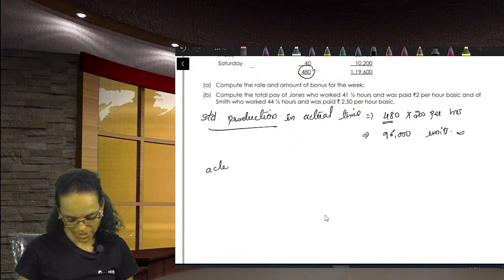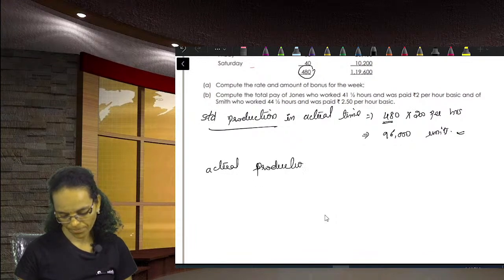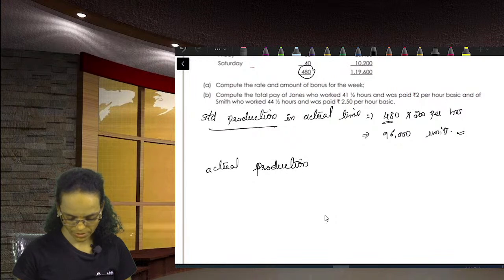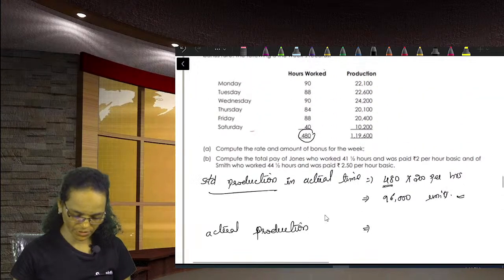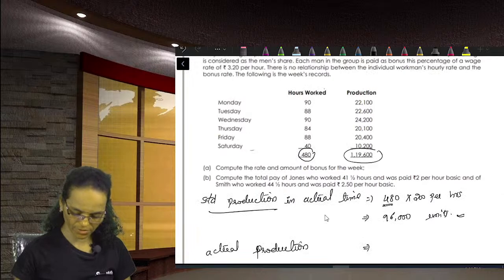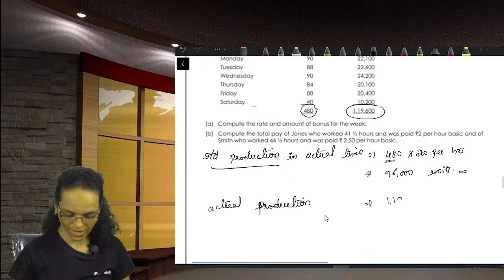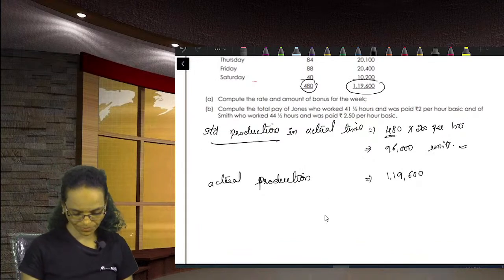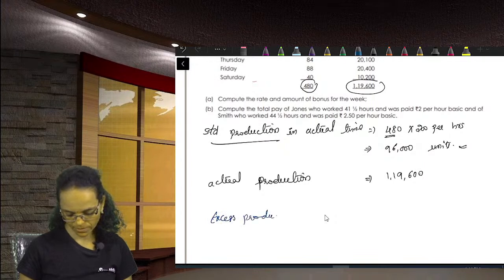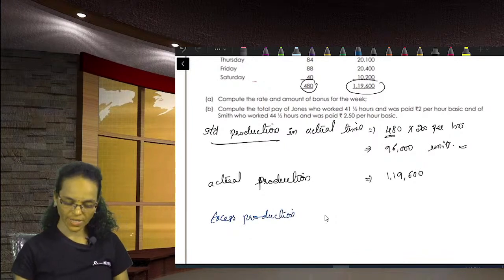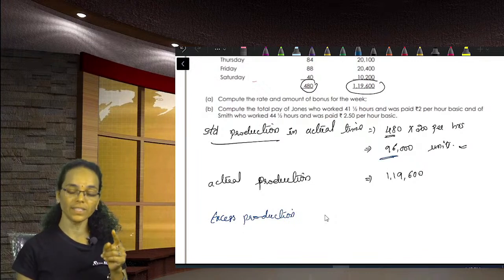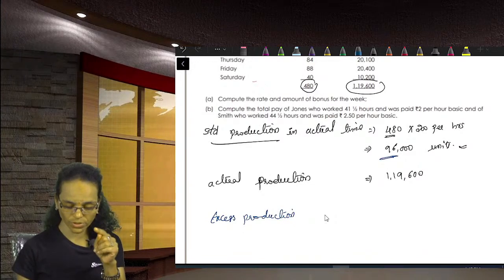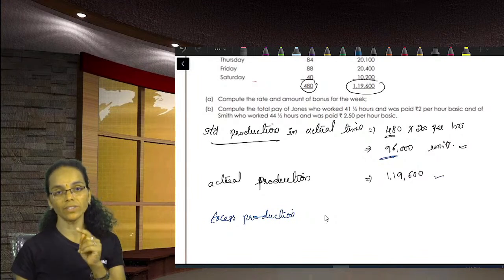But actually, how many units were produced? The actual production given in the question is 1,19,600. So what is the excess production? Standardly, they only need to produce 96,000 units, but they produced 1,19,600 units.